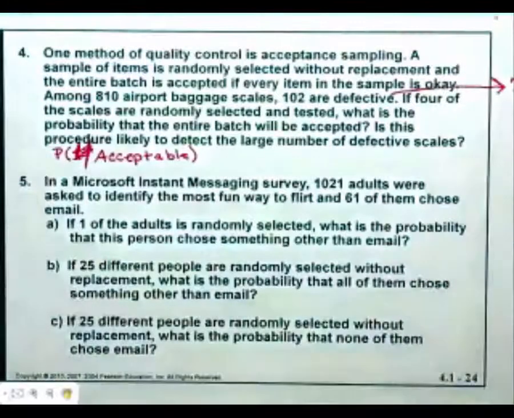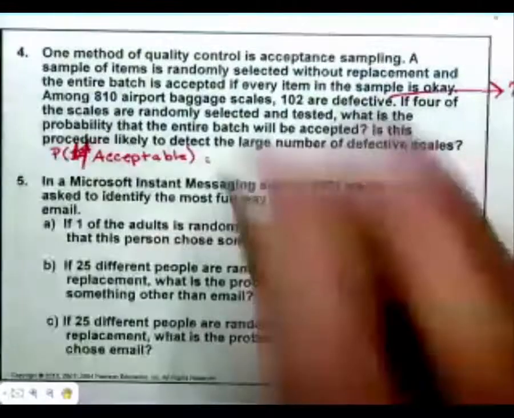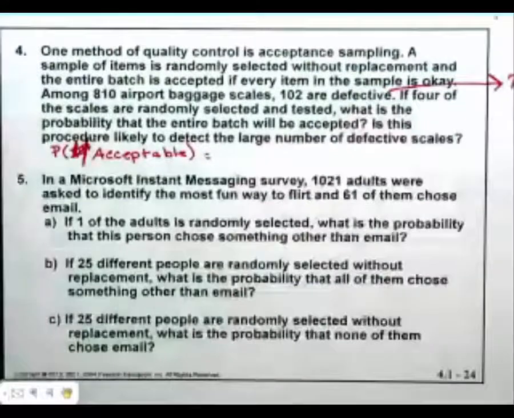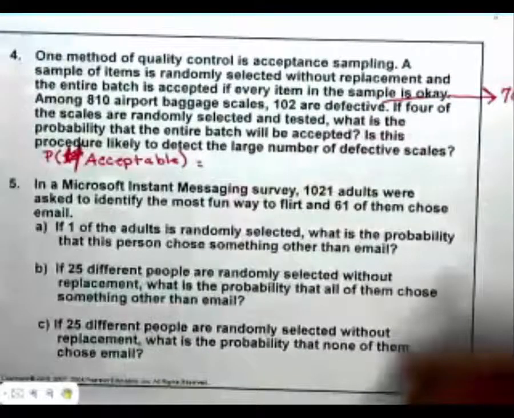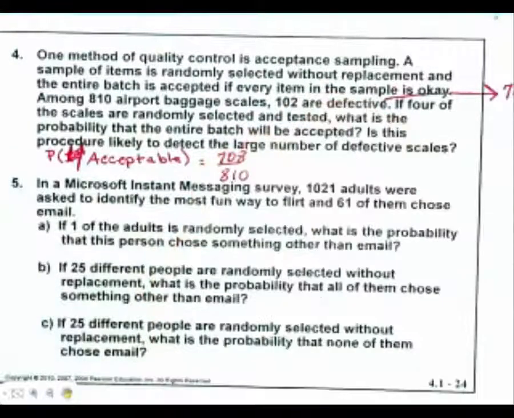That's what we're actually trying to find, not just the probability that the first is acceptable, but the probability that all 4 are acceptable. Well, in a long conversation, we just figured out that the probability that the first is acceptable is 708 out of 810. That's a pretty high probability that the first one's going to be good.